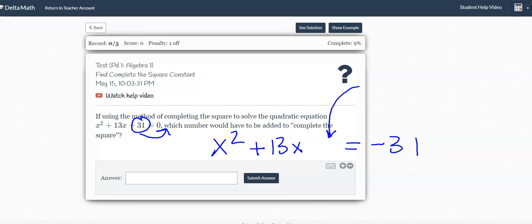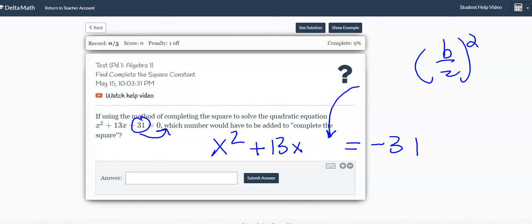And that number is always half of b squared. So the number we're looking for here is half of b, which is half of 13. And we could say 13 halves, or we could say 6.5, and we want to square it.